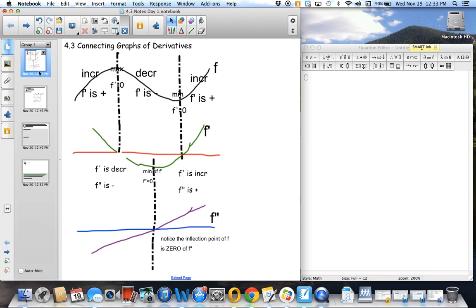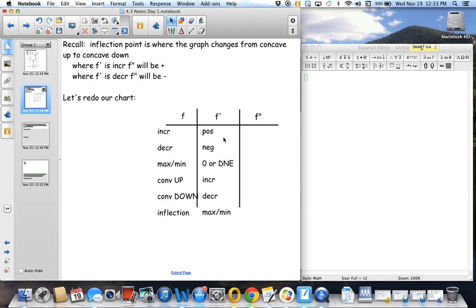And now let's fill in our second derivative chart. Okay, so let's fill that in. So, got to keep a couple spaces. Where there was a max or min on our original, oh, that's not going to be anything actually.